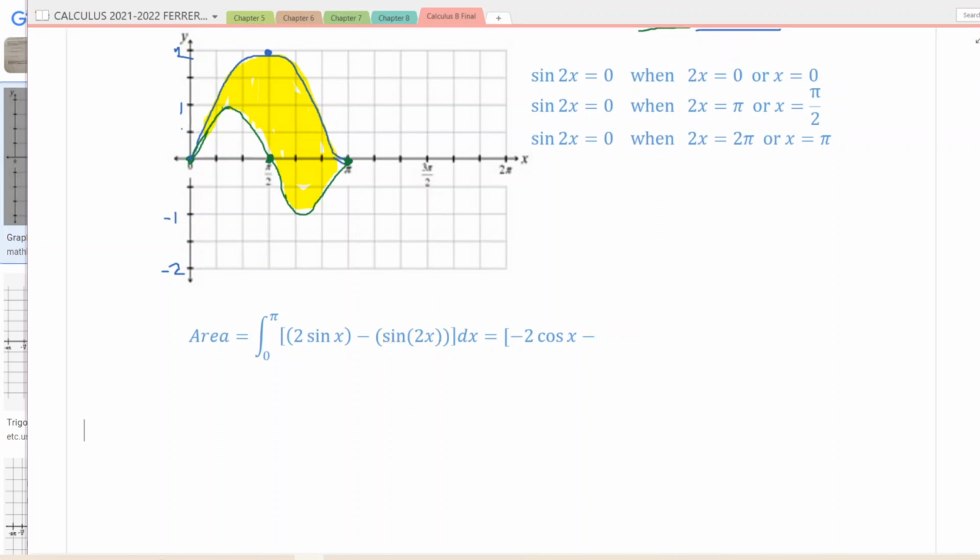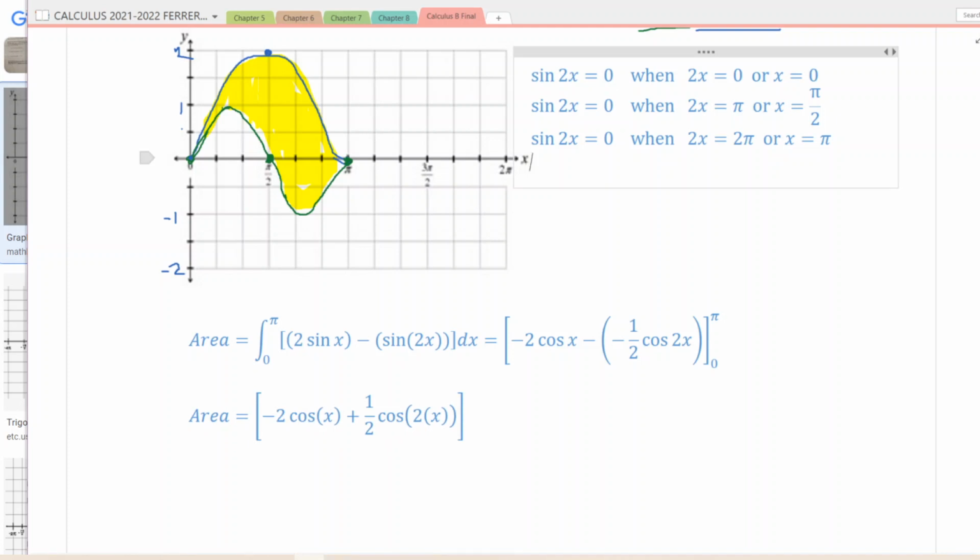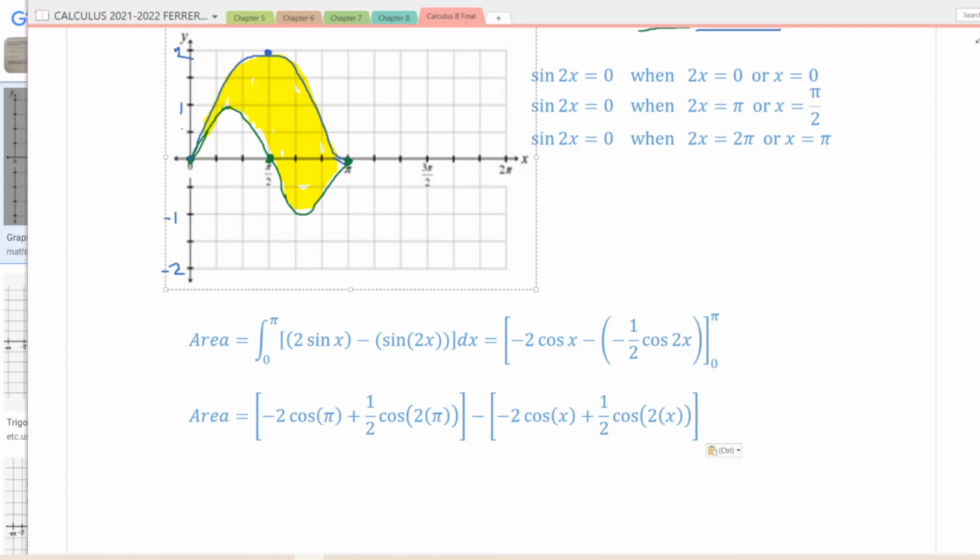So we're going to minus negative 1/2 cosine 2x. And we're going to evaluate this antiderivative from 0 to pi. All right. Let's do some substitution. First, we're going to substitute pi minus, now we're going to substitute 0.